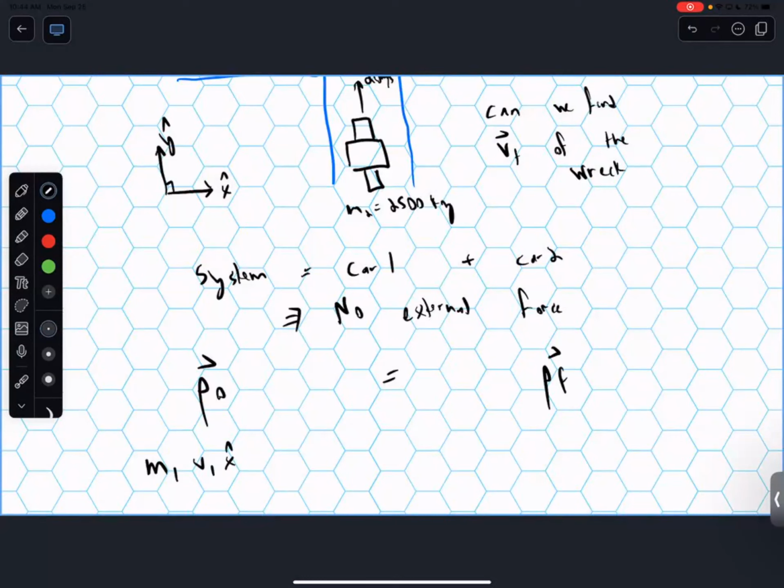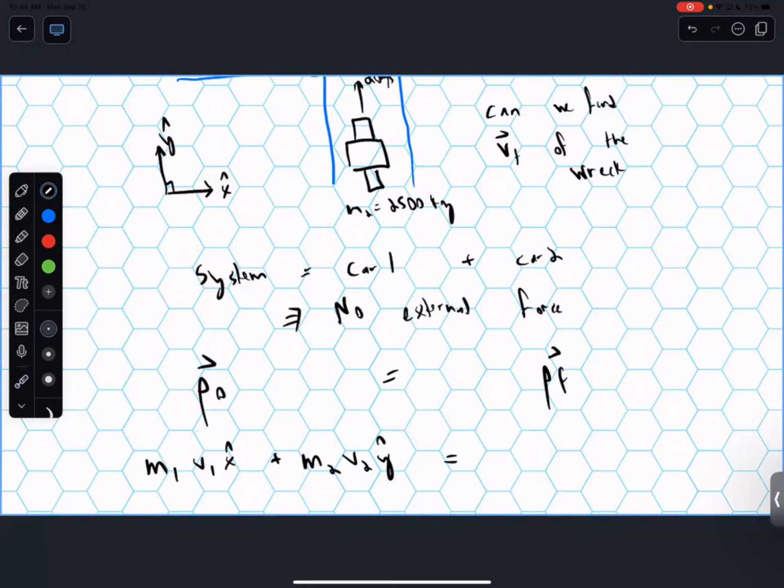That's the car that came in to the right. And then we're doing the combined system as a single system. So we're going to add up the total momentum. So car 2 had a different mass. This is the heavier car. This is going at V2, and this is moving in the y hat direction. So we have one car moving to the right, one moving up, and we're going to write those two things together as the overall combined system. Okay, so that's before the crash happens.